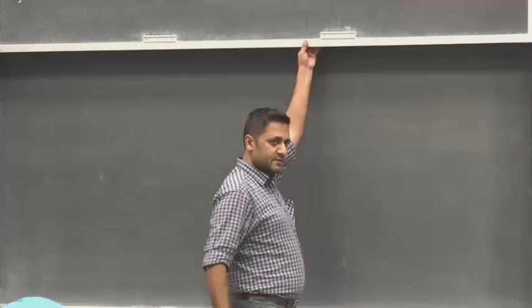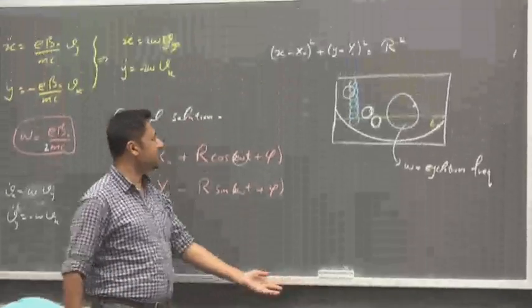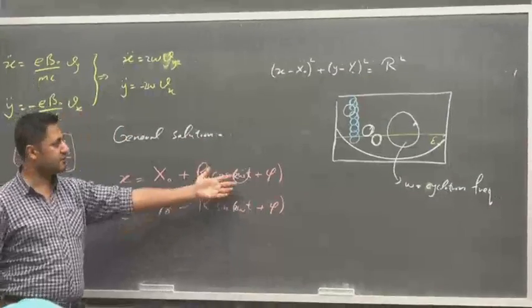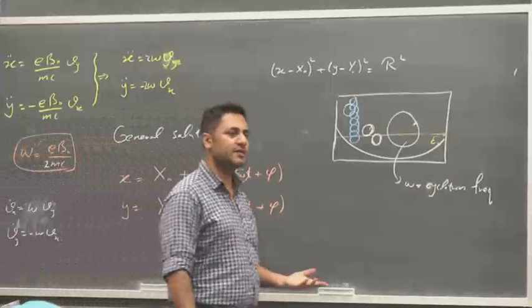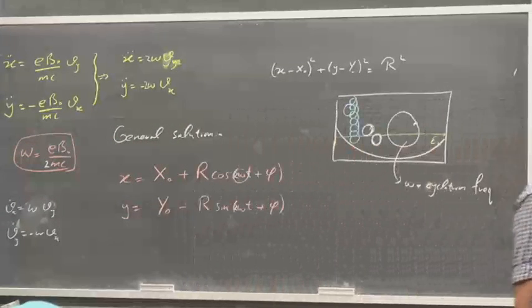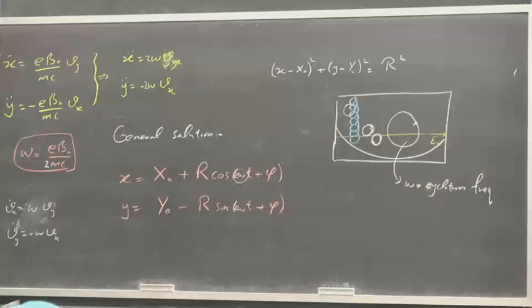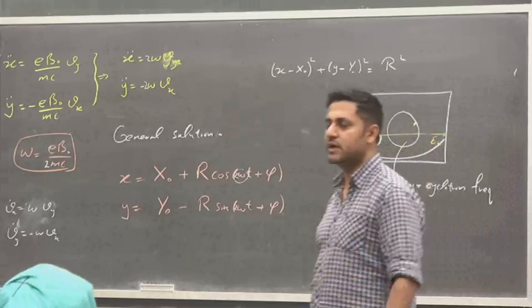The reason is that the classical motion is periodic with a frequency of omega c. So whenever you have periodic motion classically, quantum mechanically, you do get a harmonic oscillator system, where the energies are quantized in h bar omega.